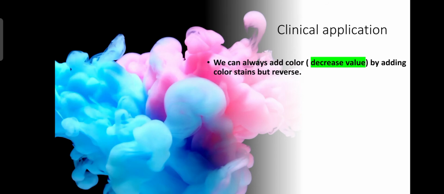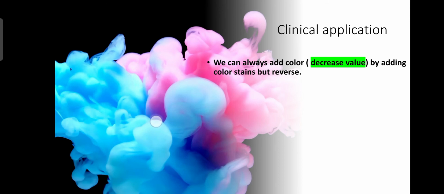Clinically, we can only add color. Adding color means adding stains and making the crown look darker, with decreased value. So this process is not reversible. We can't make the object lighter, but I can only make the object darker.